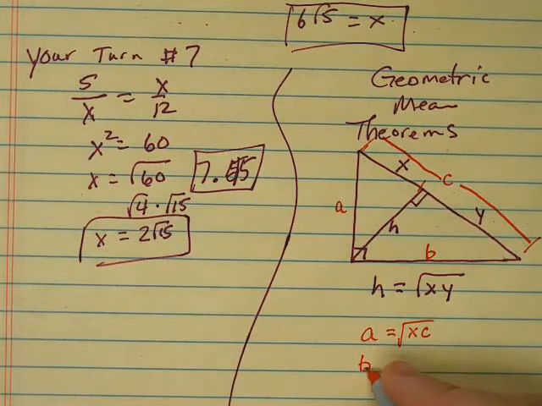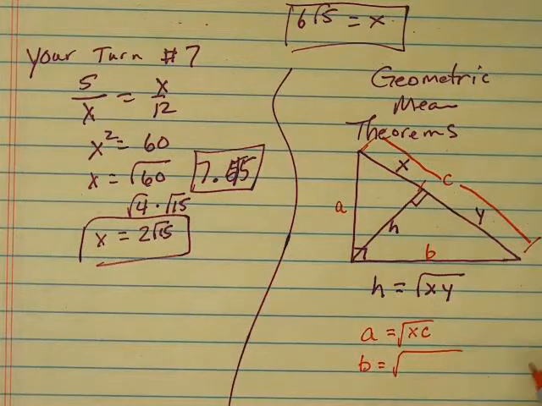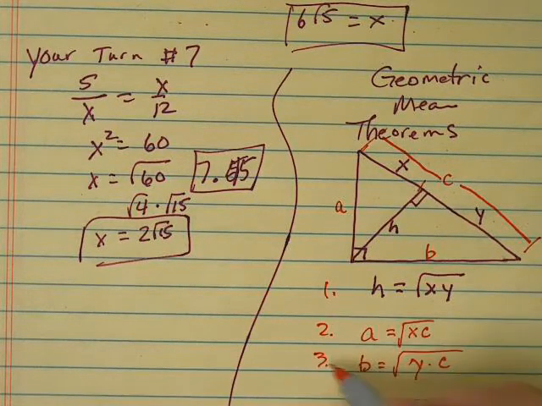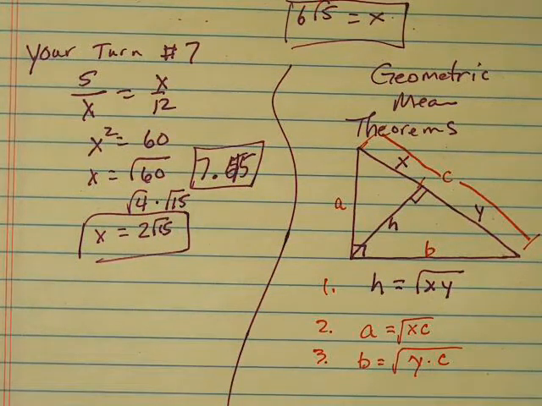And likewise, B is the geometric mean between its portion of the hypotenuse and the entire hypotenuse.